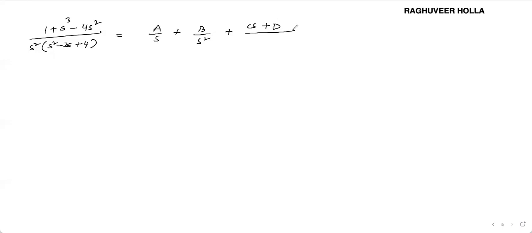Now 1 plus s cube minus 4s square divided by s square into s square minus 3s plus 4, which is equal to a by s, b by s square, and cs plus d divided by s square minus 3s plus 4. Okay, so we get the value of a, b, c, and d.